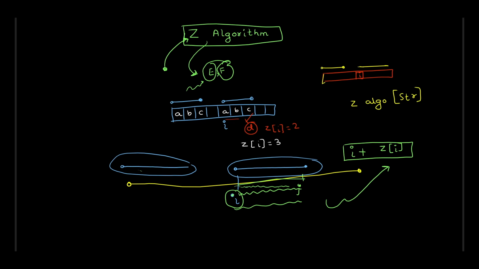Yes, because all you have to check is, so this is I and this is I plus Z of I. So any substring that we create that starts at I and ends either at I plus z of I, or before that, will definitely be a prefix, because this entire big thing is a prefix of this big thing. So if you select a small thing from over here, it will definitely be a prefix of it.